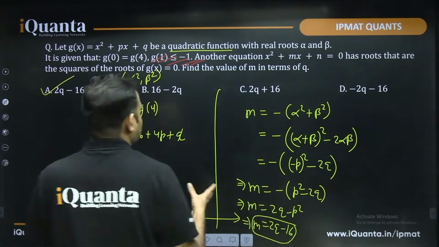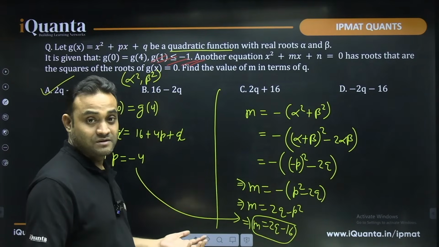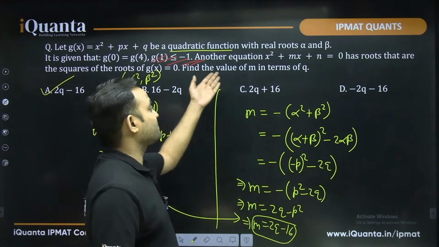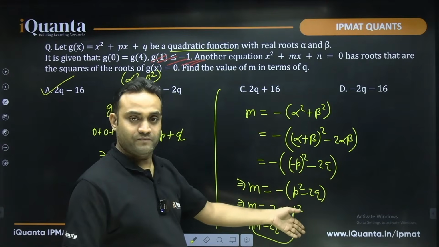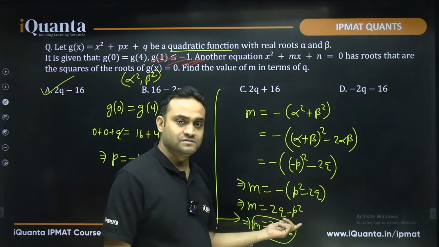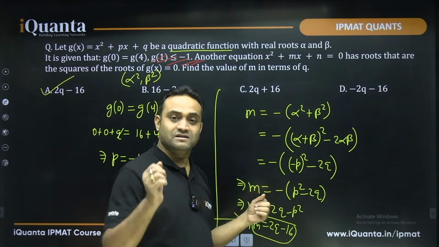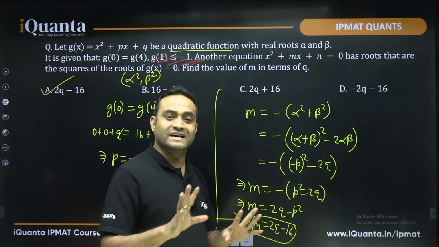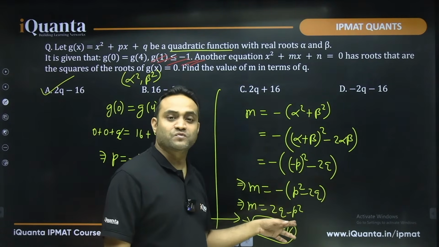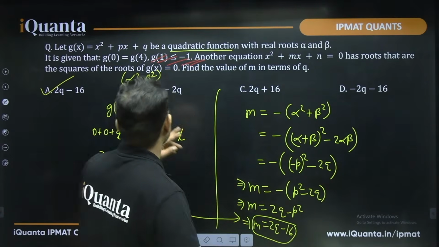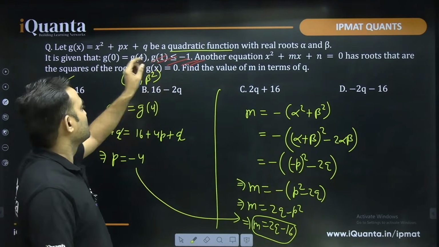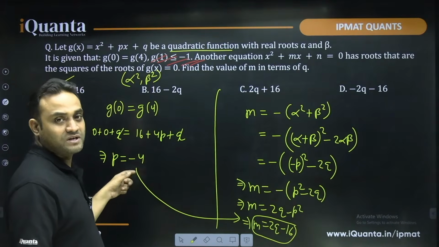I have done nothing out of the box. Question was regarding find m. So I tried to find m. I reached here. I got to know I cannot find the value of q and still it will work. I need to find the value of p. What information is given? This one and this one. I used this information. I got the value of p. That's it.